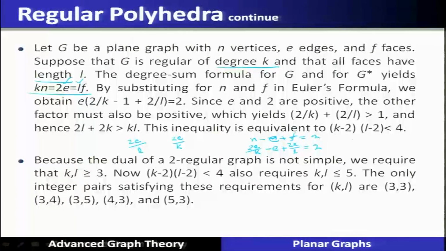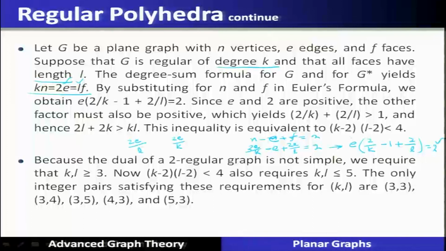Now if we take E outside, this becomes E times (2 upon k minus 1 plus 2 upon L) is equal to 2.